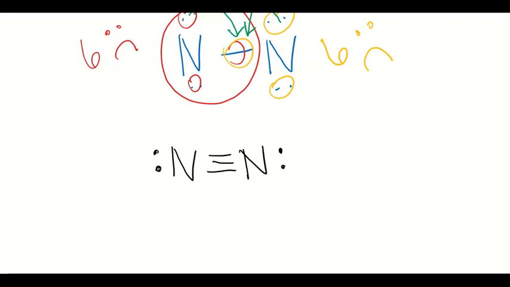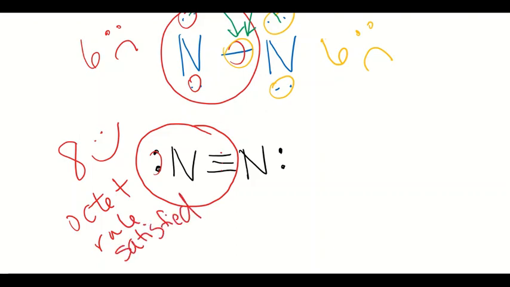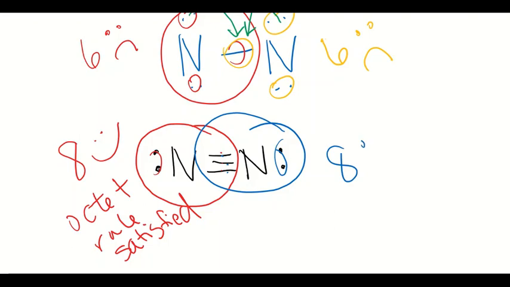Now we're going to check each one and see if it's following the octet rule. 2, 4, 6, 8. That's our octet rule satisfied. And then we're going to try this other one: 2, 4, 6, 8. All right, so he's super happy about this, right?